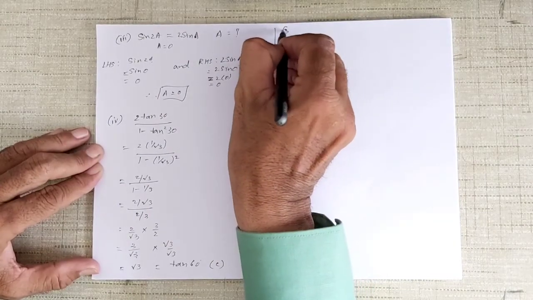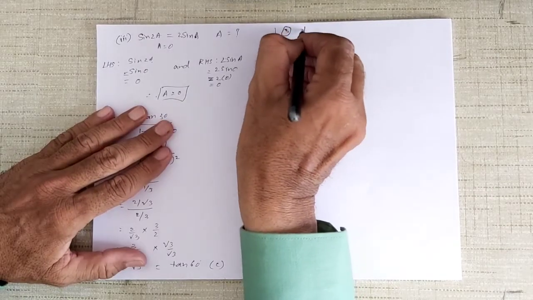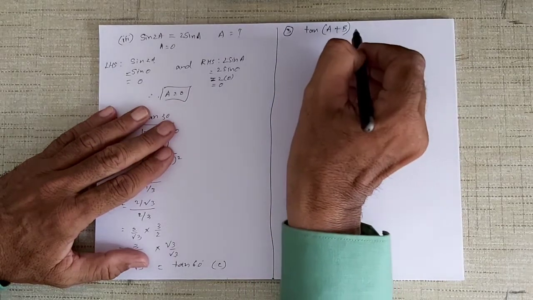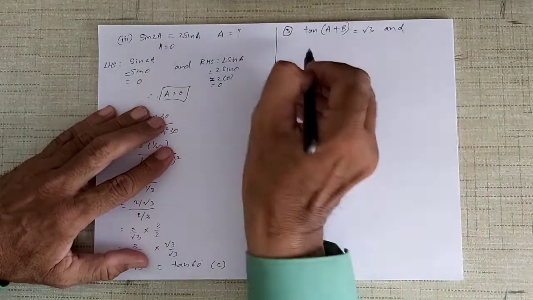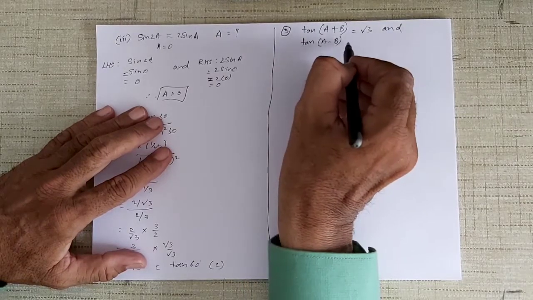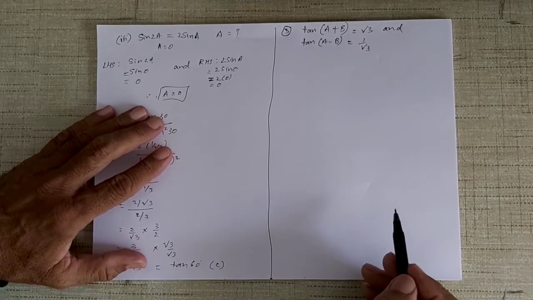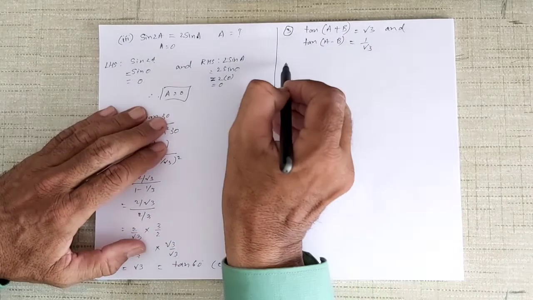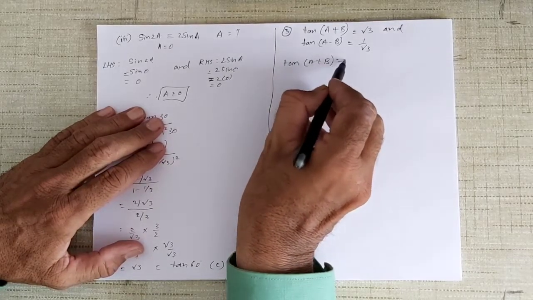Alright, let's have a look at the third question there. The third question says that tan (A plus B) is equal to root 3, and we are also given that tan (A minus B) is equal to 1 upon root 3, where A and B are lying between 0 and 90 degrees and A is greater than B. Find the value of A and B. Now first of all, tan (A plus B) is root 3.